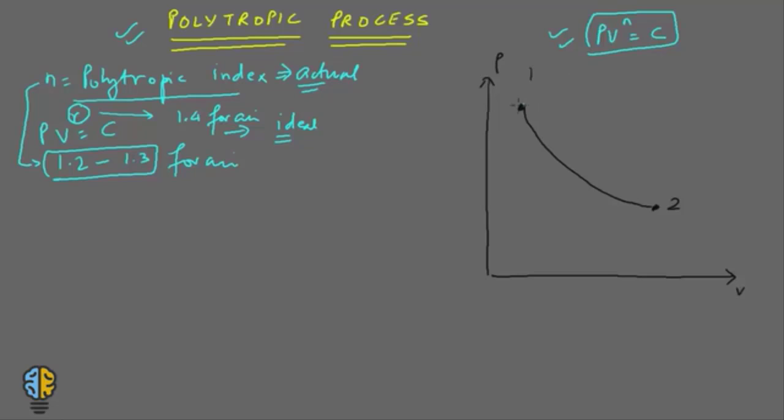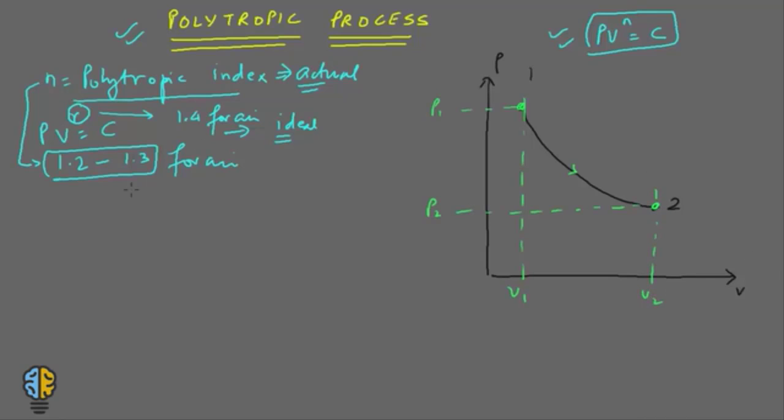This is how you would indicate a polytropic process on a PV plot going from 1 to 2. This would be P1, and you'll have your volume as V1. Again, the pressure at 2 would be P2 and the volume at 2 would be V2.